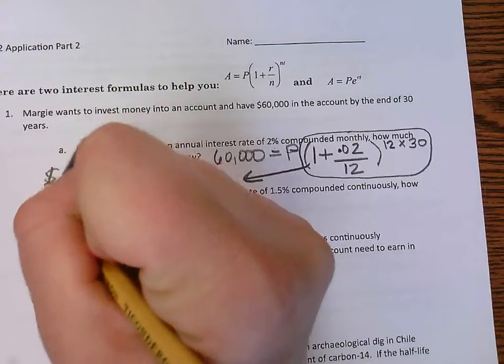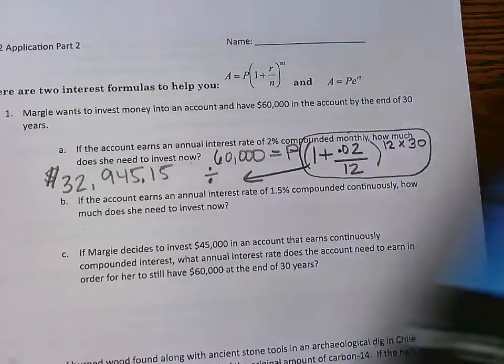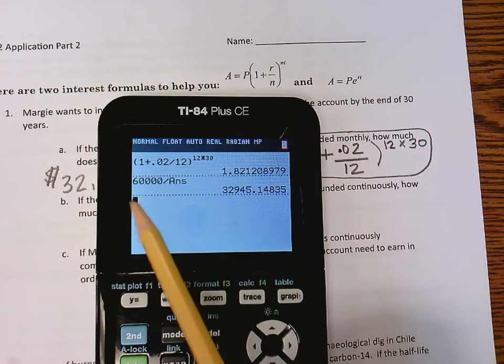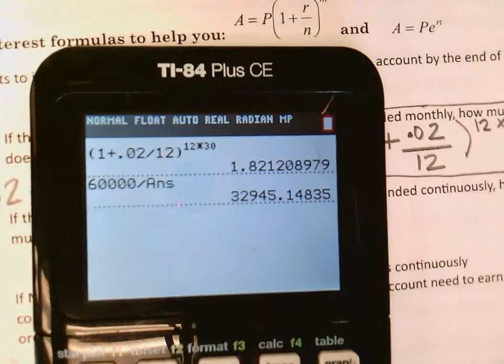All right, so let me show you what I typed into my calculator. I did this number first, and then I did 60,000 divided by my answer. Can you see where you didn't type it in the same way that I did?